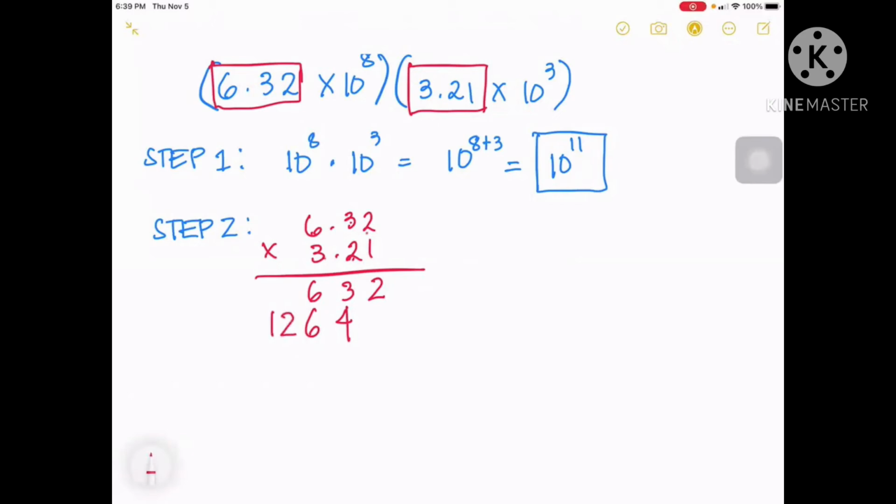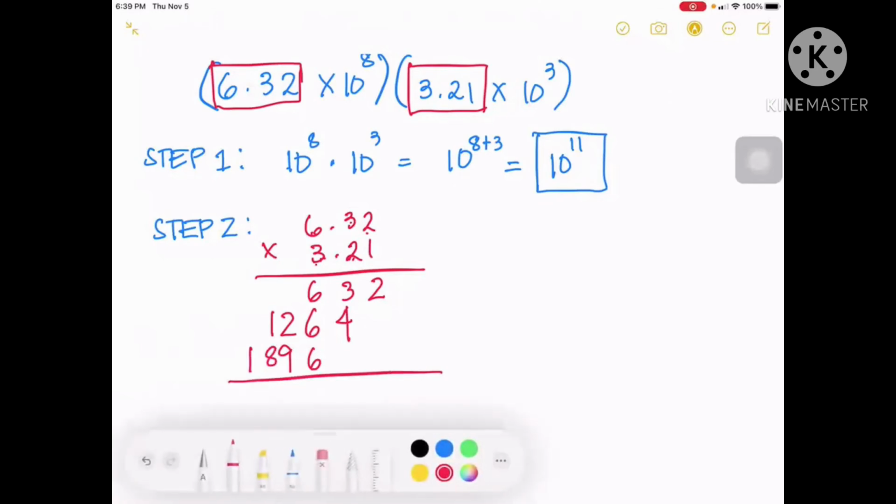And then 3 times 2 for this one will give you 6. 3 times 3 is 9. Then 3 times 6 is 18. Be careful. You have to align those, here and here and here, in adding. Now let's bring down 2.